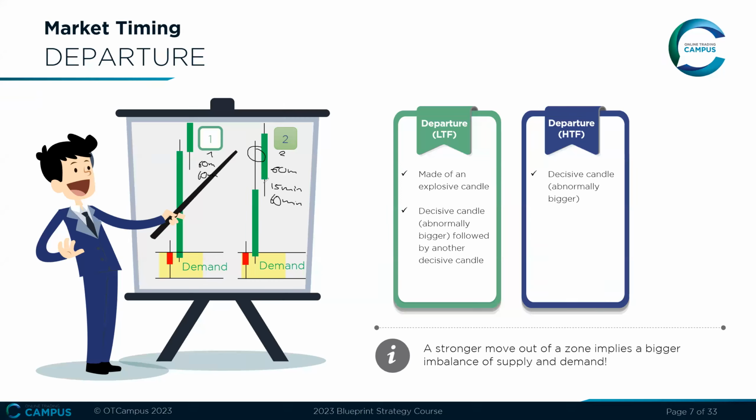Because if I see two decisive but not explosive candles on, let's say, a 15-minute chart, if I put this into a 60-minute, I may see just one very explosive candle, right? So I cannot say upfront that this is worse than this. In theory, it is if we were looking at apples and apples, the same time frames.